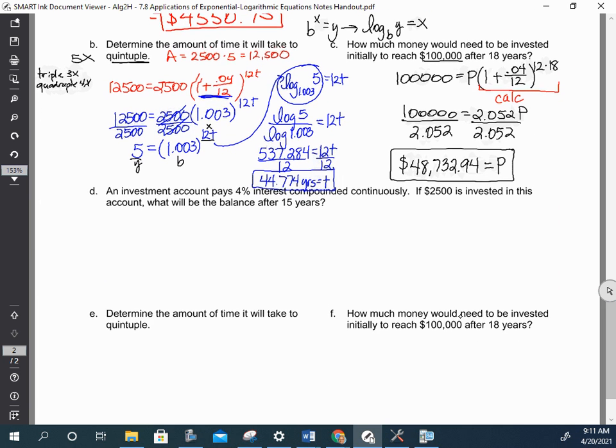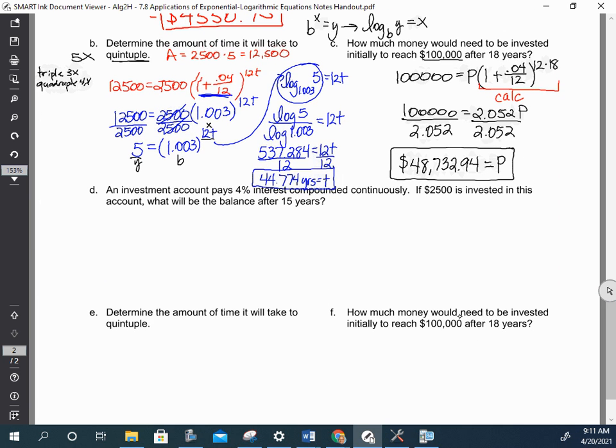So, part D. We're still doing 4%. I'm still doing 2,500. We're still doing 15 years, but now we're going to compound it continuously. Same type of scenario, but for continuous.